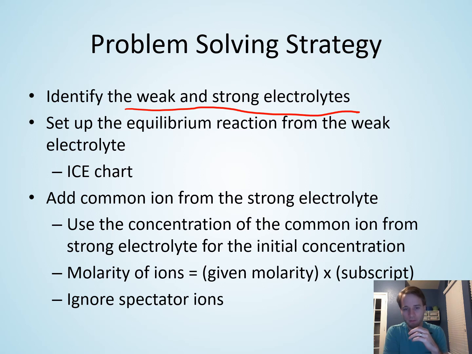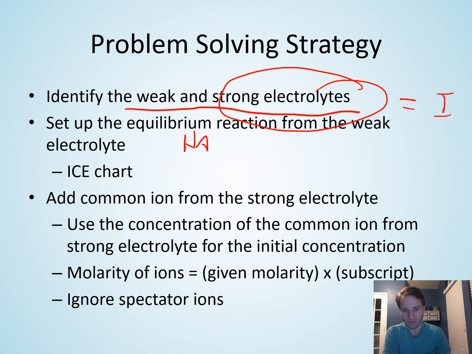And then what we'll do is establish an equilibrium for that weak electrolyte and fill out the ICE table. But in that ICE chart, we have to consider the fact that from this strong electrolyte, we're going to have some initial concentration of my other species.